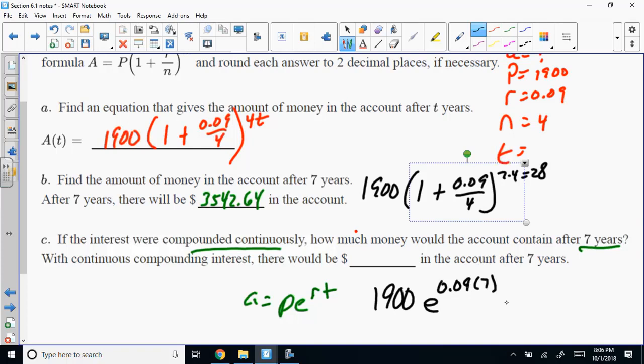So that would give me $3,567.46. Just a little bit more money, right? When does compounding, or when does interest really start to become a factor?